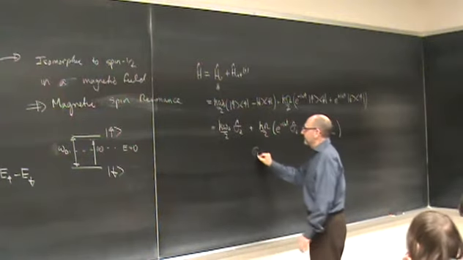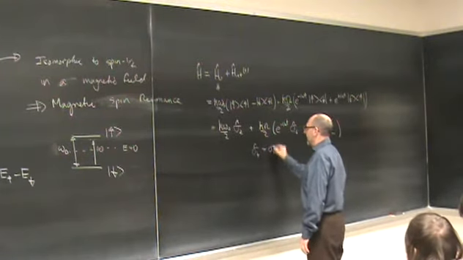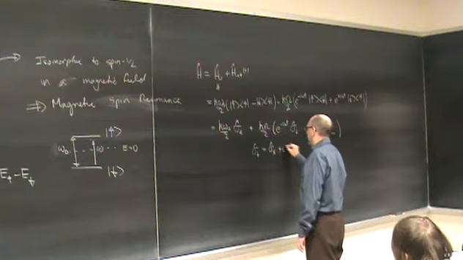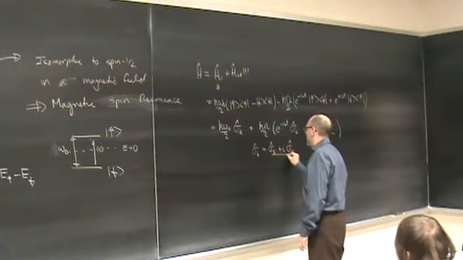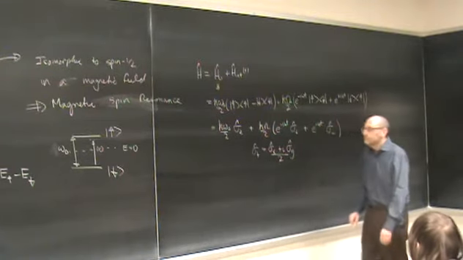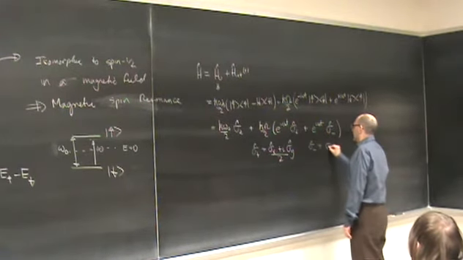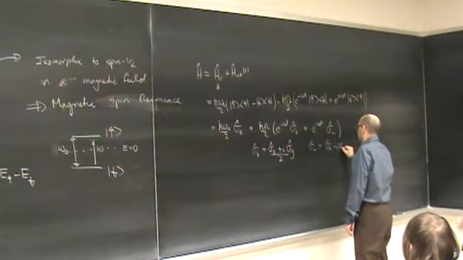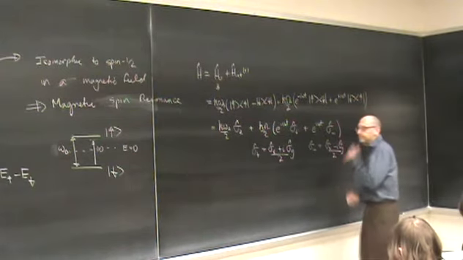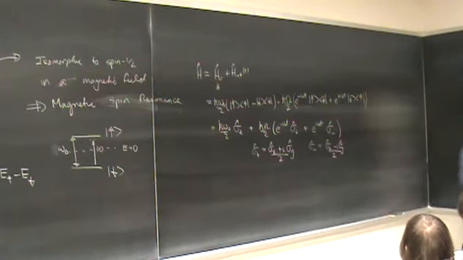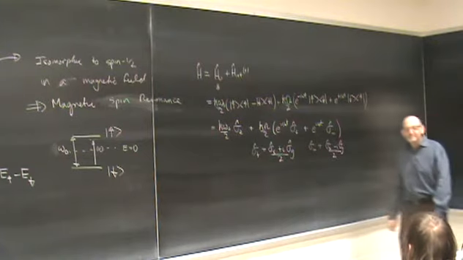Remember, sigma plus is sigma x plus i sigma y over 2, and sigma minus is sigma x minus i sigma y over 2. Okay, so I'll stash the factors of 2 in there.